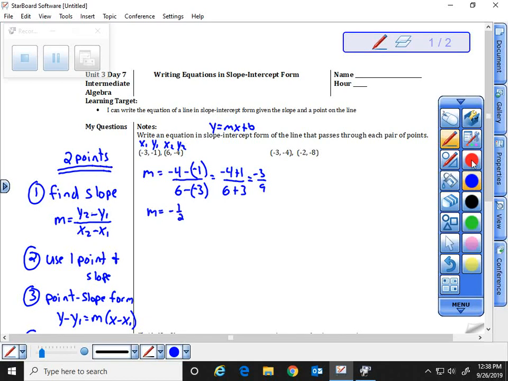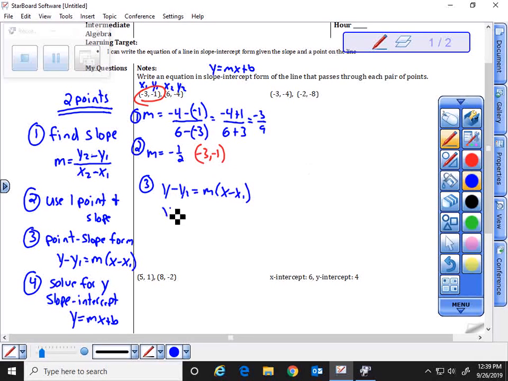And then you choose one of these 2 points to use. I always say just use the first one. So I'm going to use the point negative 3, negative 1. Putting it into point-slope form, the third step. The third step is y minus y sub 1 equals m, and then x minus x sub 1.